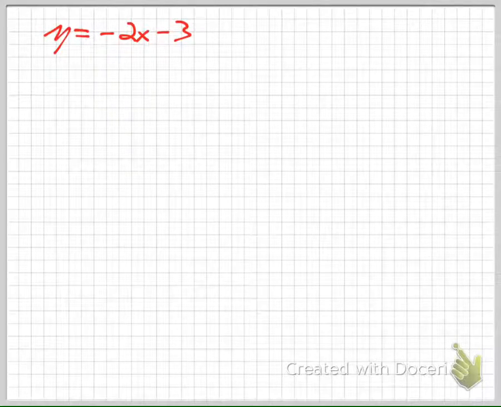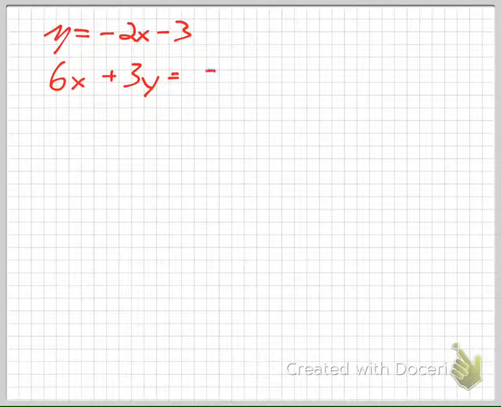What if I gave you this? y equals negative 2x minus 3 and 6x plus 3y equals negative 9. Try that for me, please. I just want you to tell me, without graphing, whether it's consistent, inconsistent, dependent, or independent right now.